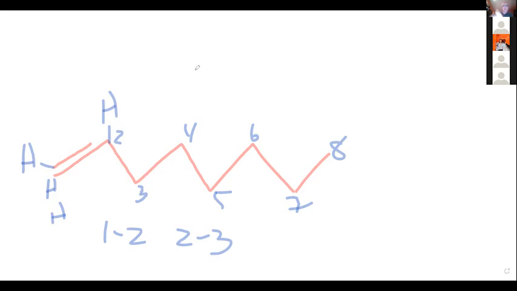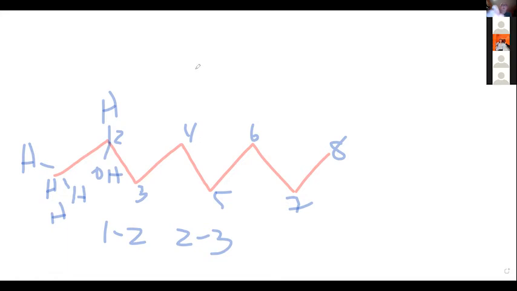So we would break this double bond, and we would put the hydrogen there, and we would put the hydroxyl group there. So that would guarantee that the hydroxyl group went there.